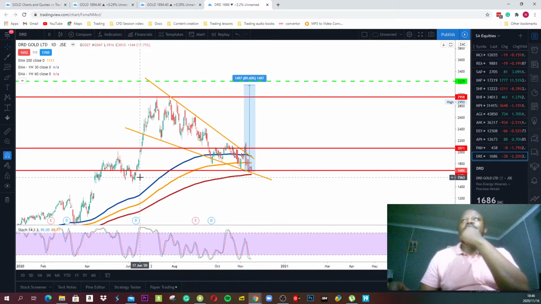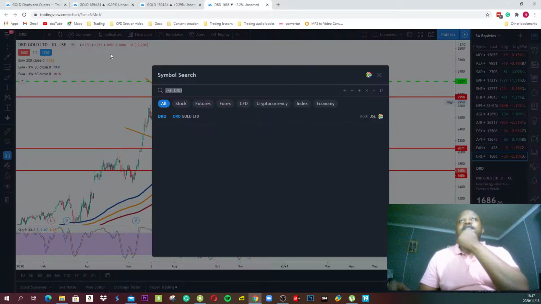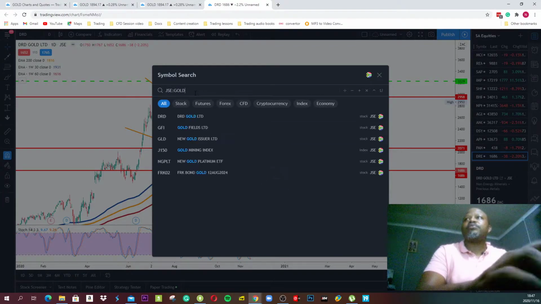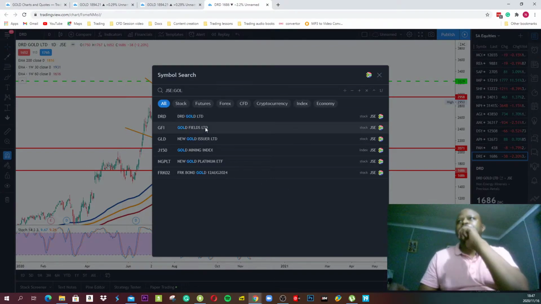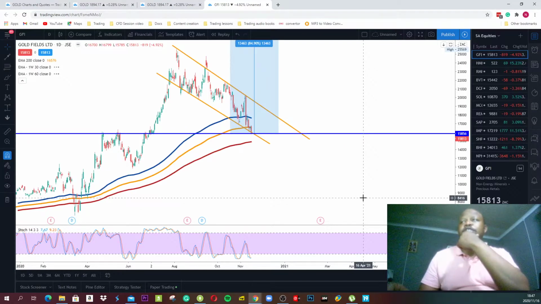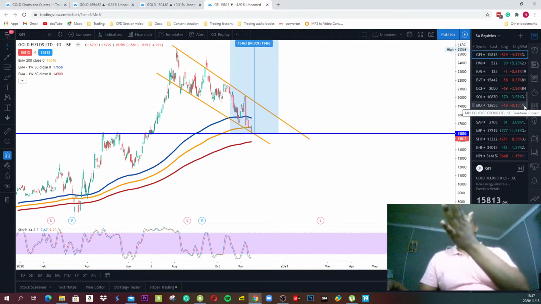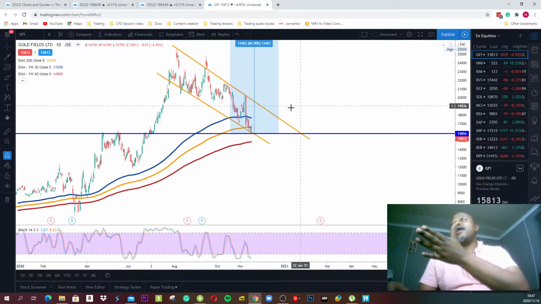But similarly, we wait for the gold to break out of its range before we can get quite excited on that. Another gold miner that looks interesting to me at the moment is Goldfields. Code is GFI. Also have a flag. So look, the gold stocks look to be testing the support levels.